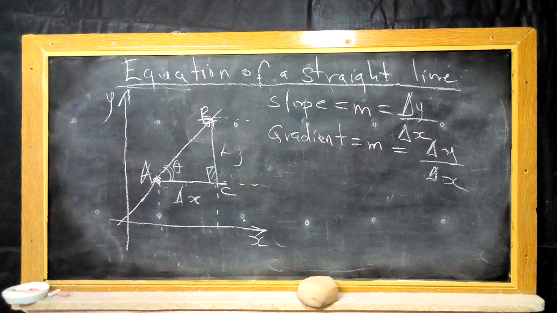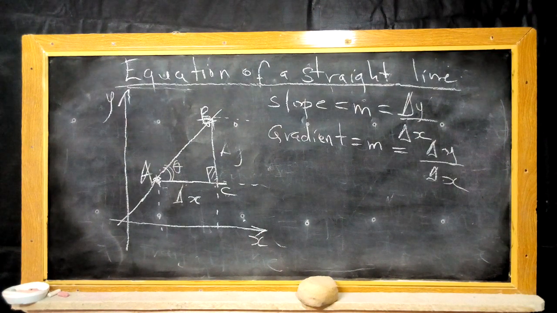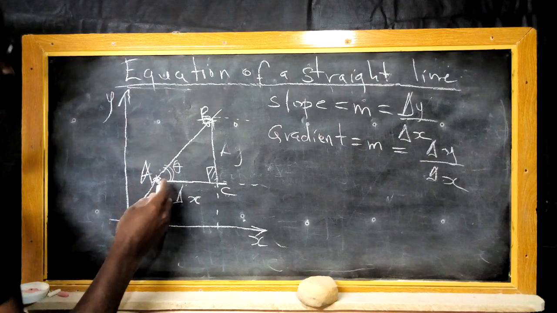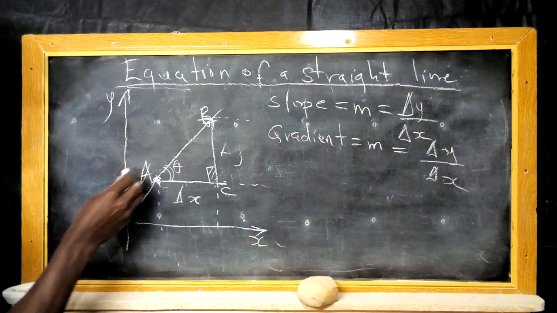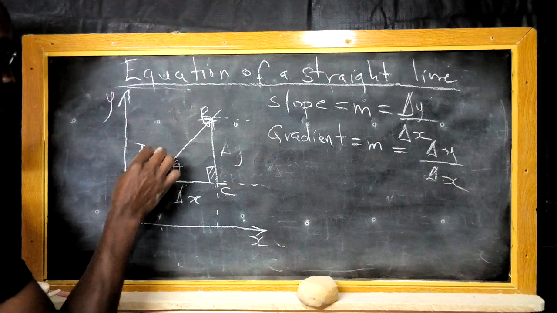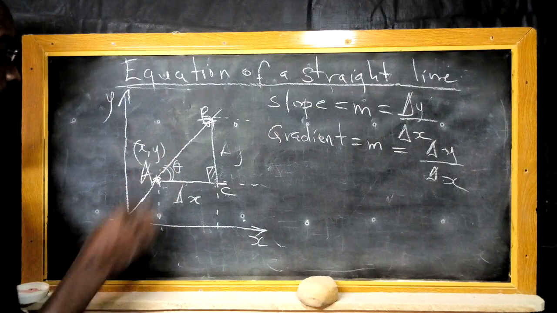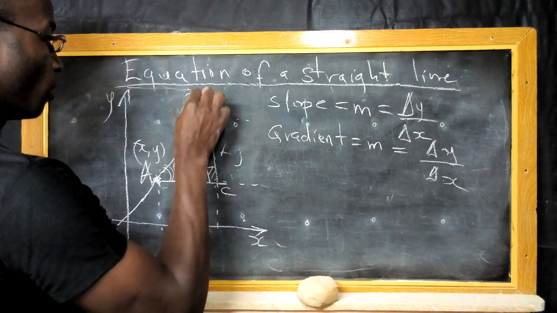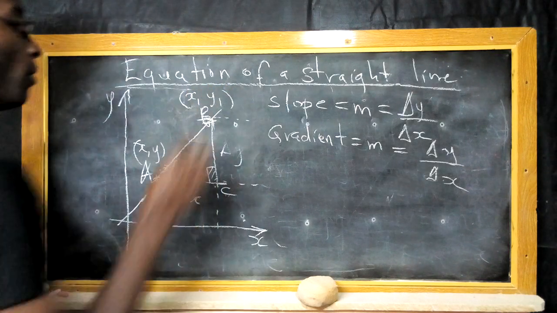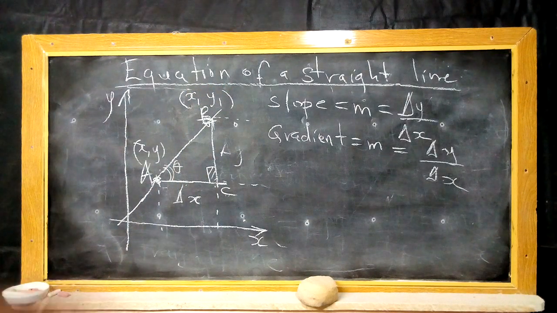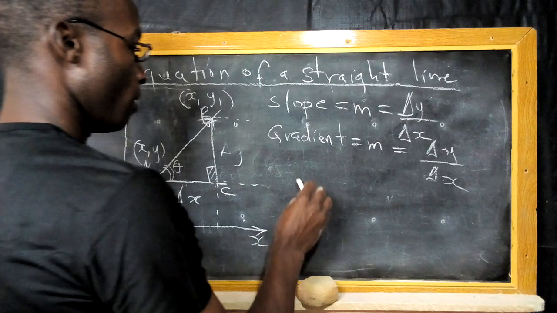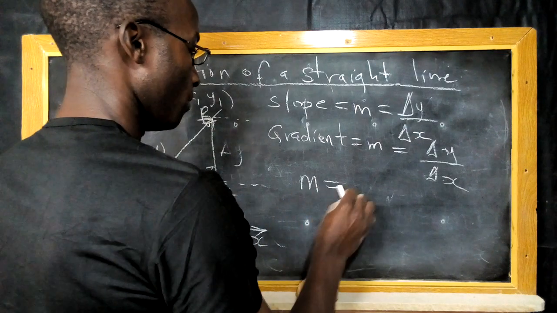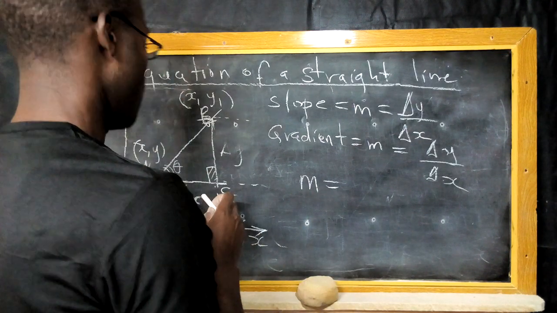So suppose we give just arbitrary coordinates to point A and B and say that point A is (x, y). We have given coordinates to this point, and then point B is (x1, y1). Then since we have been given general points for this case, our gradient can be given as change in y.